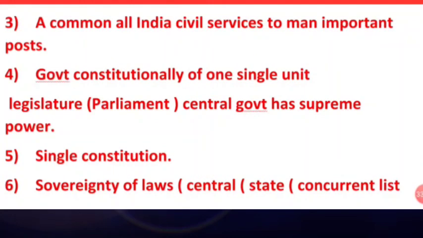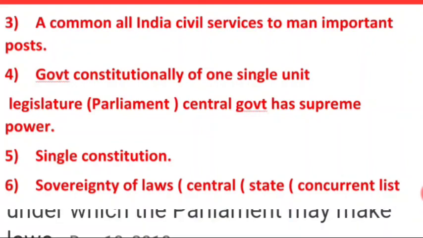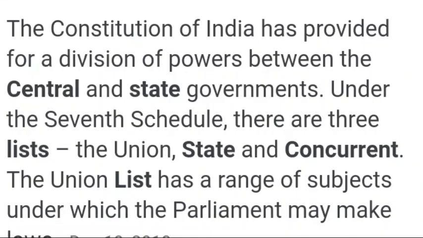Sovereignty of laws. Sovereignty means supreme laws are there. The Constitution of India has provided for a division of powers between the central and state governments. Under the 7th schedule, there are 3 lists: the union list, state list and concurrent list. The union list has a range of subjects under which the parliament may make laws.